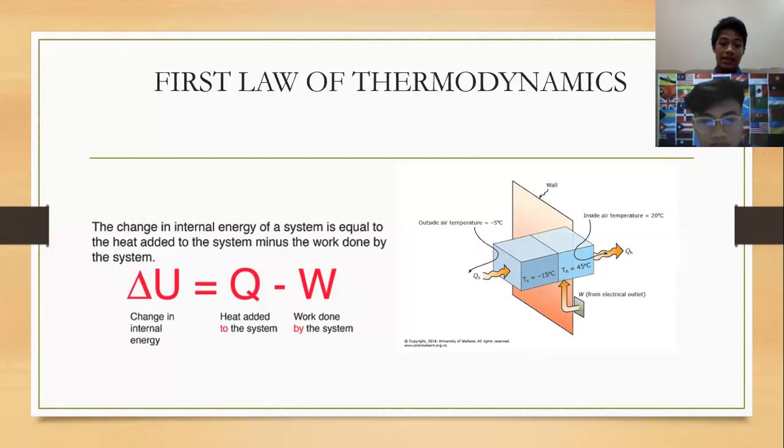This means that heat energy cannot be created or destroyed. The formula for the first law of thermodynamics is ΔU, which is the change in internal energy, equal to Q, which is heat added to the system, minus W, work done by the system.